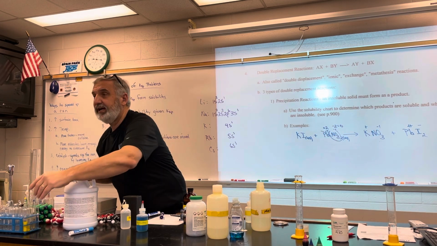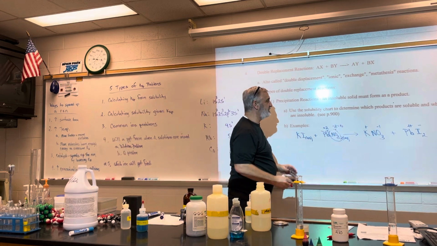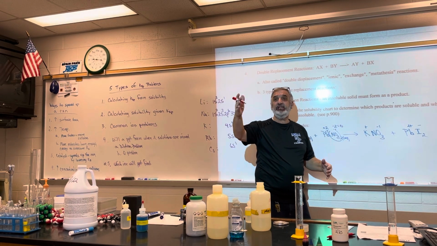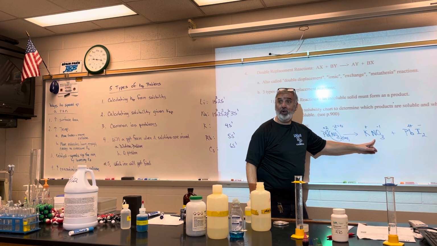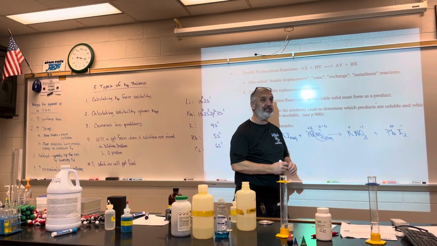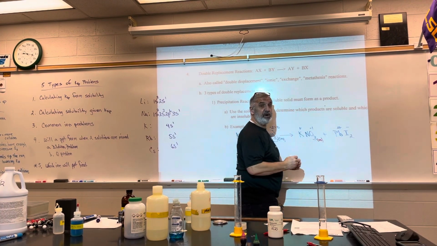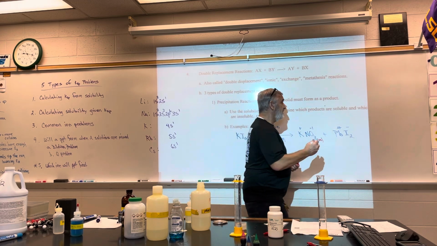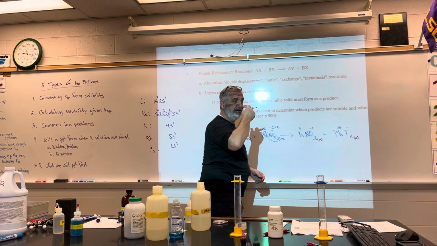So now I want to think about which one of these would be my precipitate. Well, when I look at my solubility chart, remember we said all alkali metal compounds are soluble. All nitrates are always soluble. They never make a precipitate. So this is going to be aqueous, and by process of elimination, this one must have been my solid.